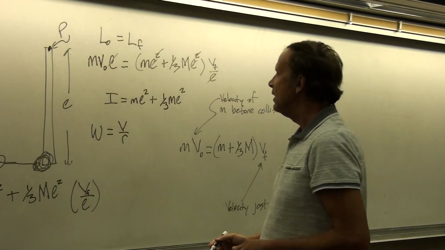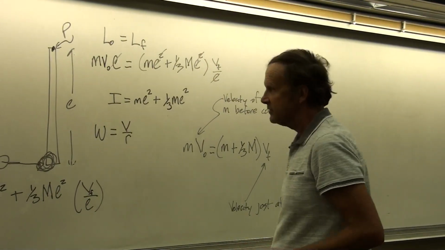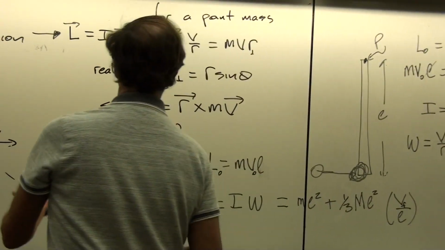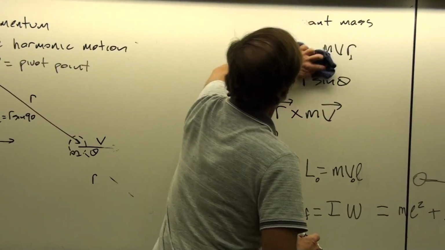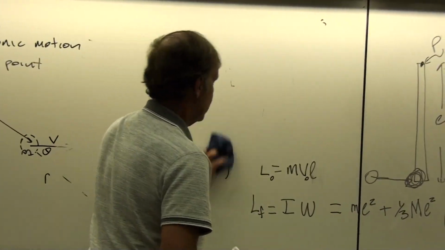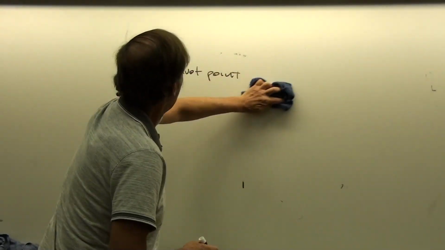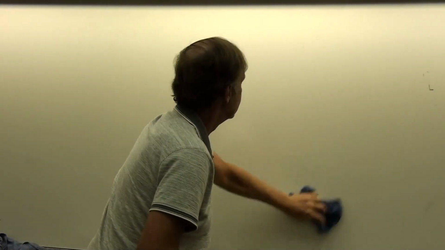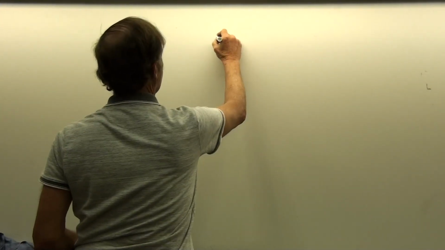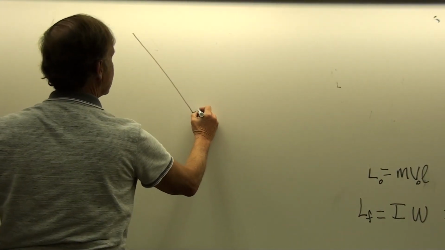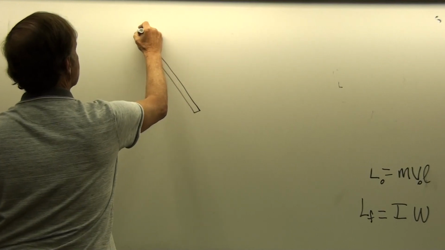Okay, so now let's say that this mass swings up to some height that is associated with an angle of 30 degrees. After the collision takes place, we can use conservation of energy.